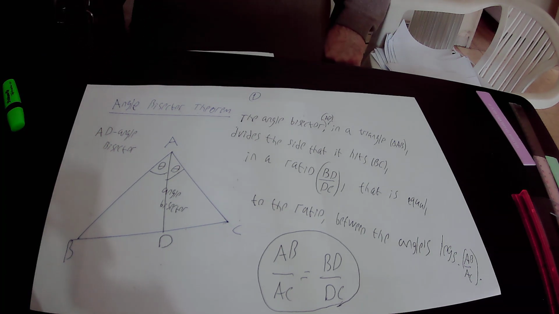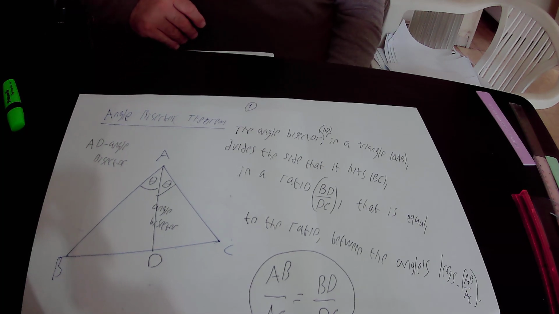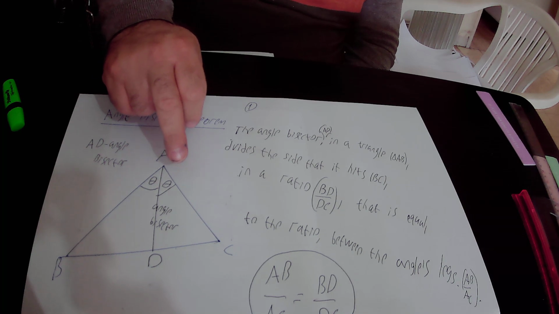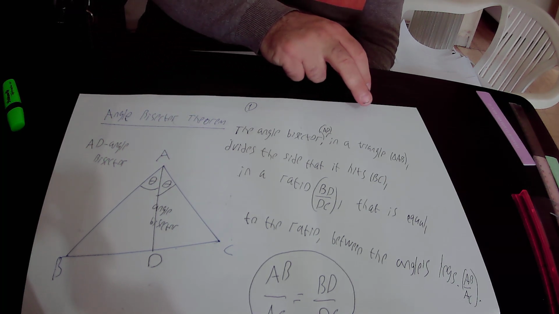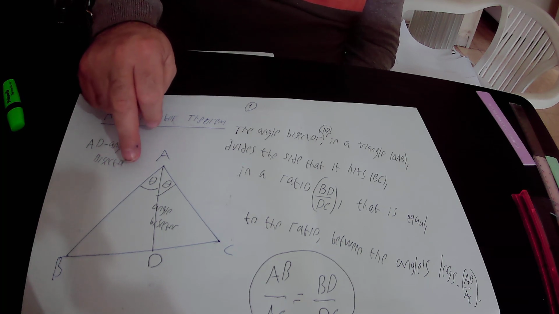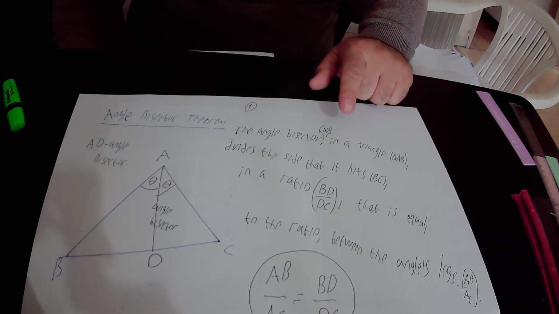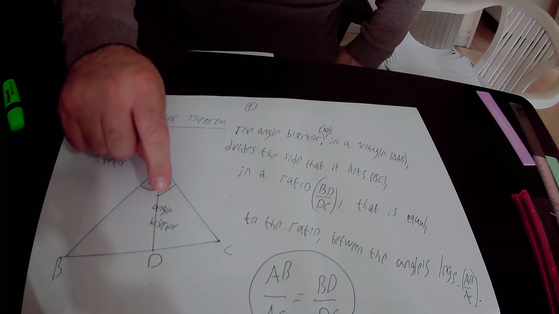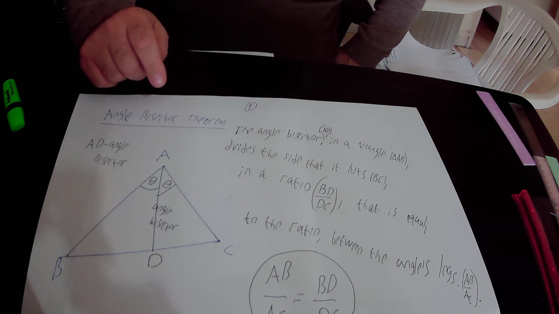According to the angle bisector theorem, the angle bisector in this triangle, AD, hits side BC and divides it into two parts.